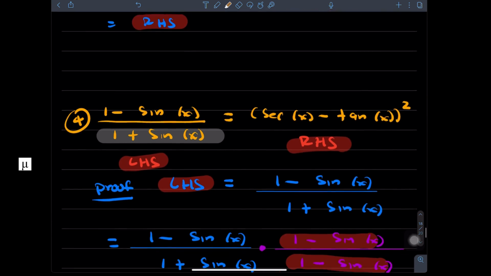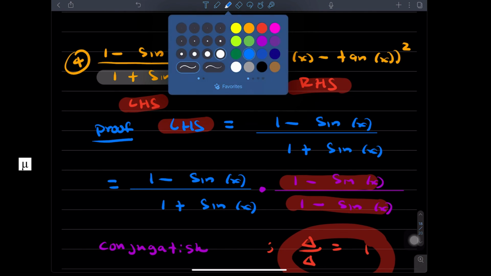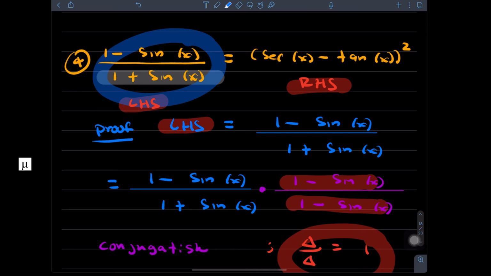Sometimes, like I said, from experience, with this one, the only way you get rid of that radical, sorry, not the radical, the division, would be somehow to divide, but you can't really divide.